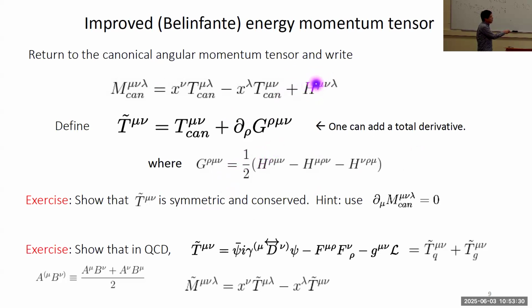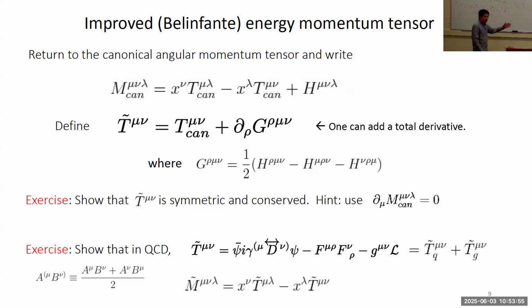I showed you the expression of H in my previous slide, and you use that H to construct this G tensor, which has 3 indices, and plug it here. And this is guaranteed to work. If you do this, then you get this. The resulting T tilde is symmetric and conserved in both indices.